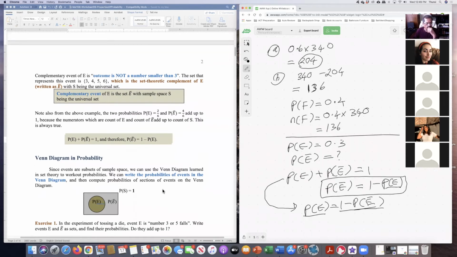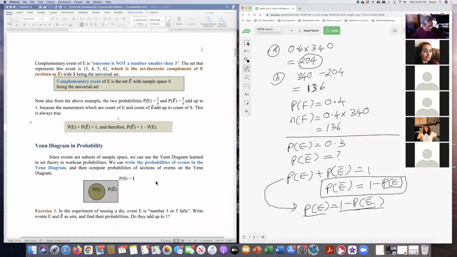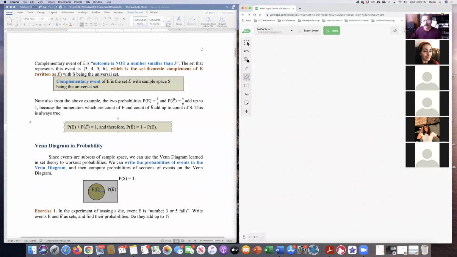All right, so now let's go to the Venn diagram. We used Venn diagrams in set theory, and it's going to apply throughout probability theory. So I need to explain something about Venn diagrams here. Let me clear the board. So let's say now in probability theory, your sample space is the universal set. So you always use a rectangle for the sample space because that is the universal set.